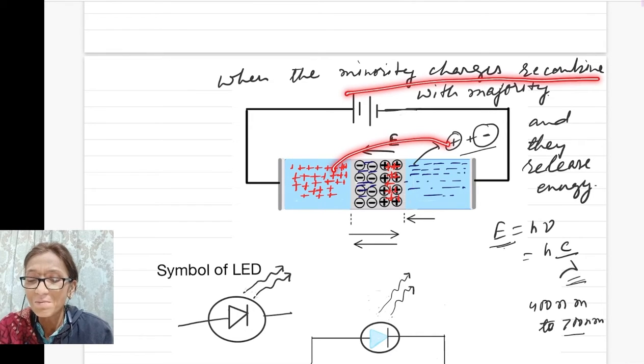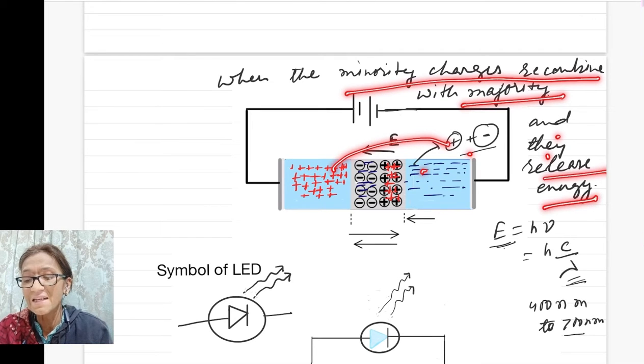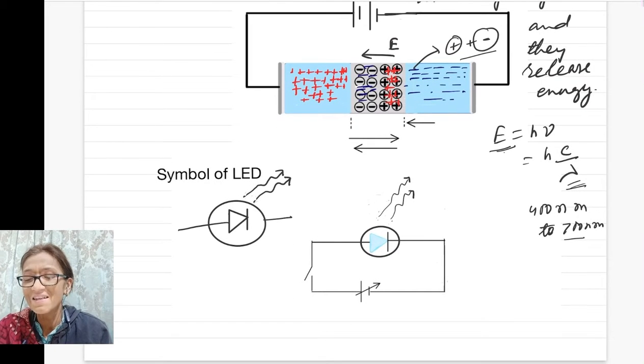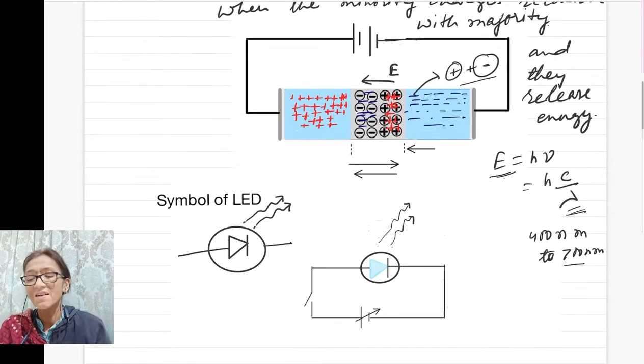And you know that photon energy is of value h nu or hc by lambda. If this energy falls in the visible range, what is the visible range?